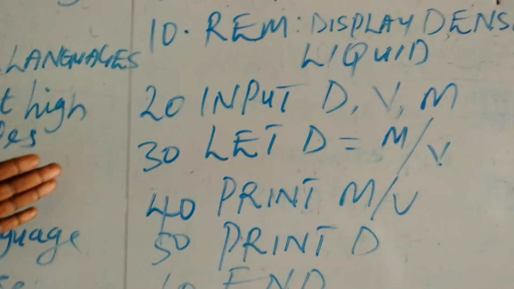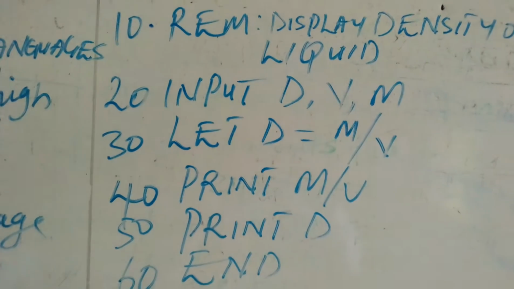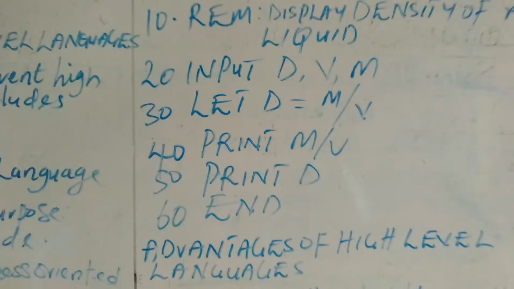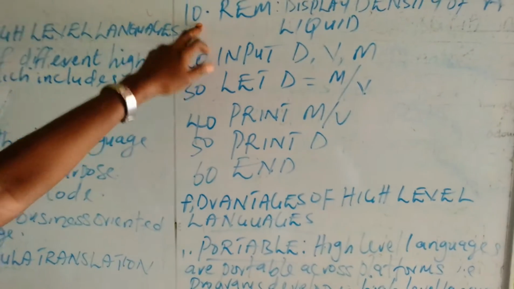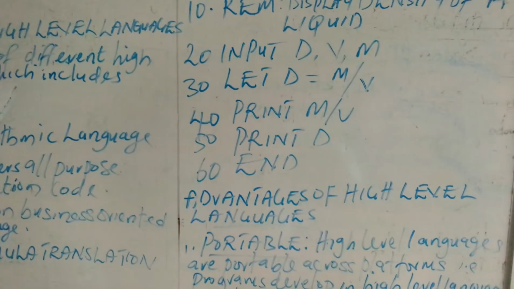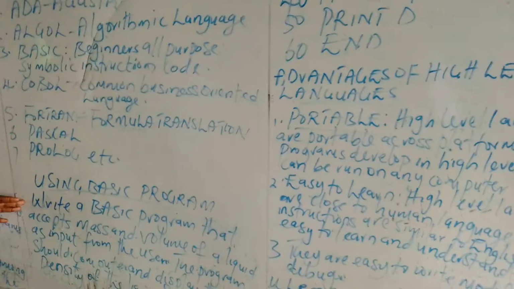What do I mean by that? BASIC line instructions are written in capital letters. Otherwise, the BASIC program will not accept its coding. Now, if you look at the BASIC program carefully, this program is a question derived from WAEC 2018.